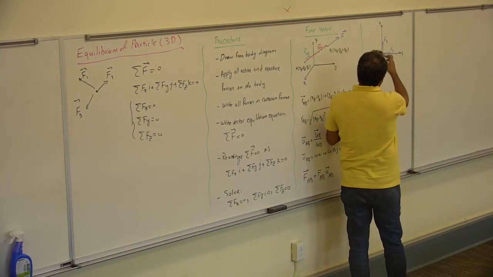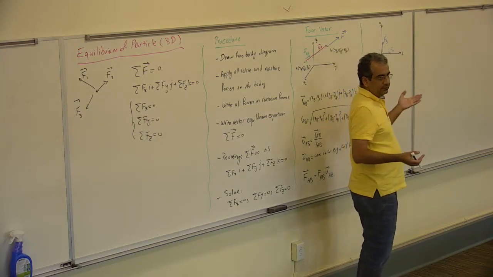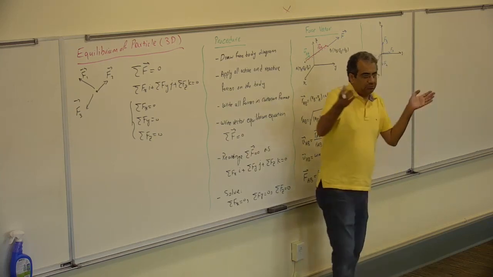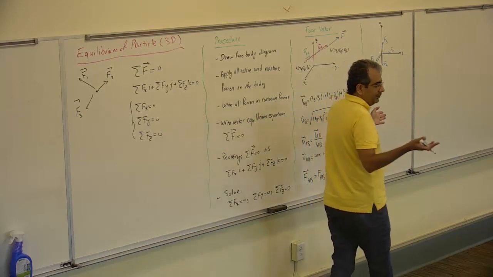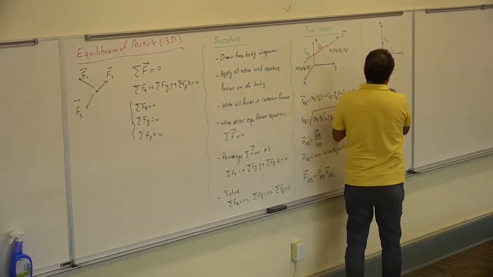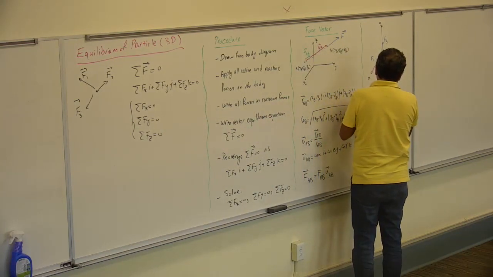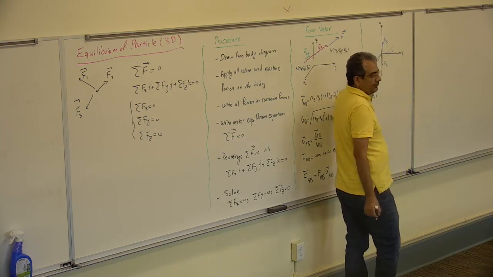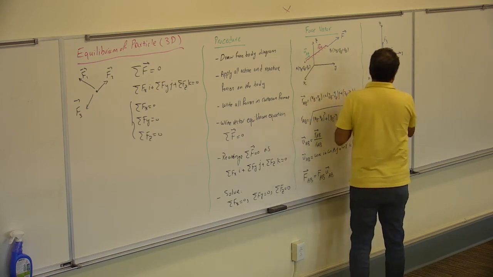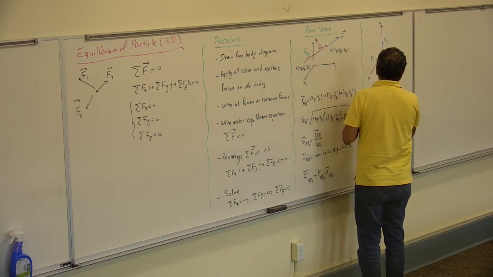So for example, for F1, I can write it. The magnitude of F1 along the x is just F1, correct? The magnitude of F1 along this is F1 i. How much is the magnitude of F1 along the y? It's going to be 0, so 0 j.